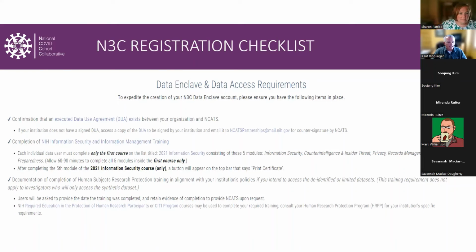Most investigators have the human subjects research protection training. You probably got that through the CITI program, something like that. So they go through the requirements that are needed on the checklist. And to be quite honest, you don't have to have the training done up front. You do have to have the training done before you can access any of the data.